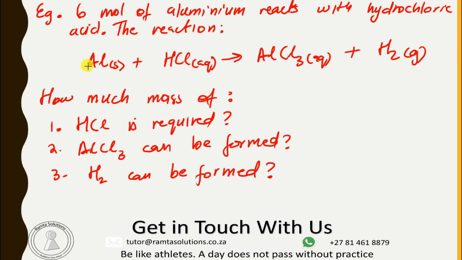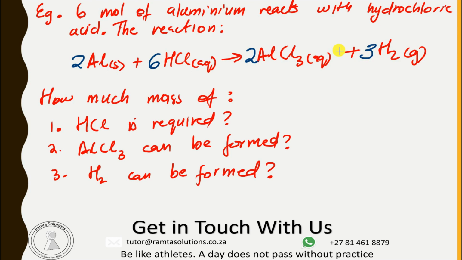So let me try to put a 2 here and a 2 here. When I put a 2 here, aluminums are balanced. The chlorines, 2 times 3, will be 6, so let me put a 6 here. And then we have 6 hydrogens. Here we have 2, so 2 times 3. We have balanced the reaction.